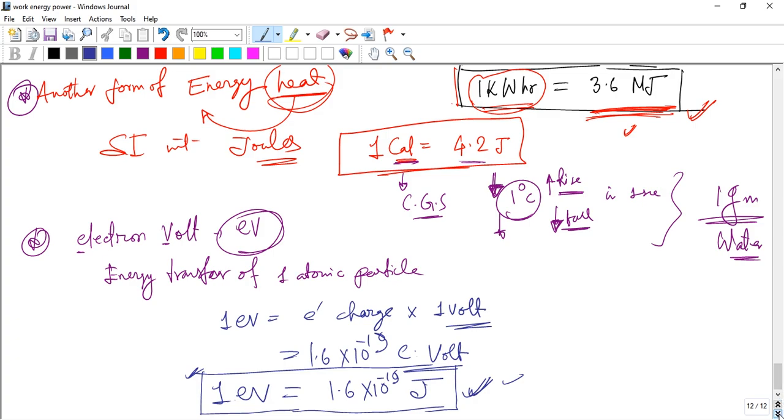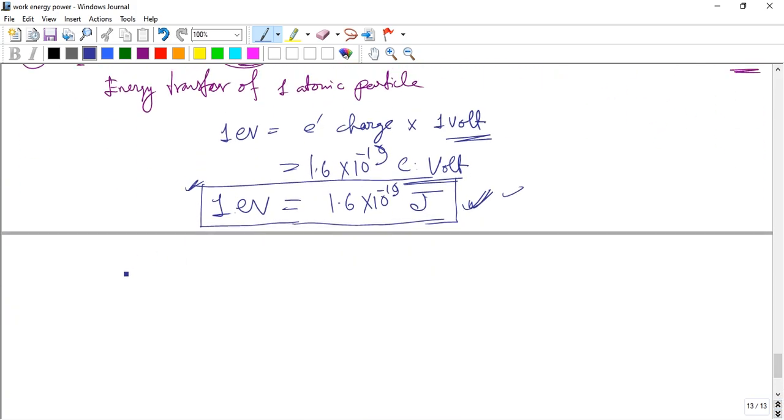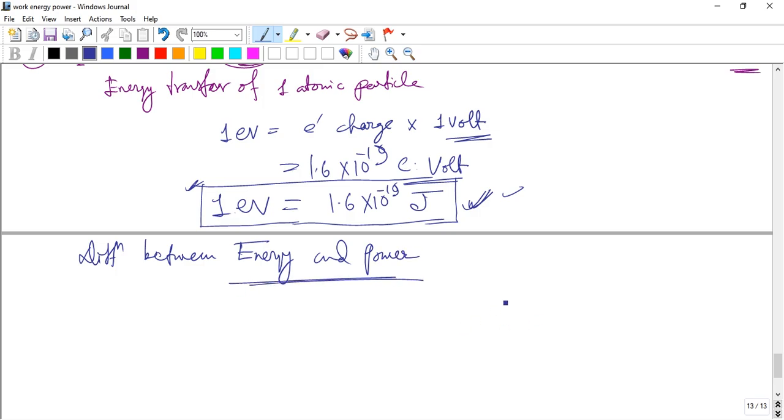The last topic today: the difference between energy and power. Very easy.